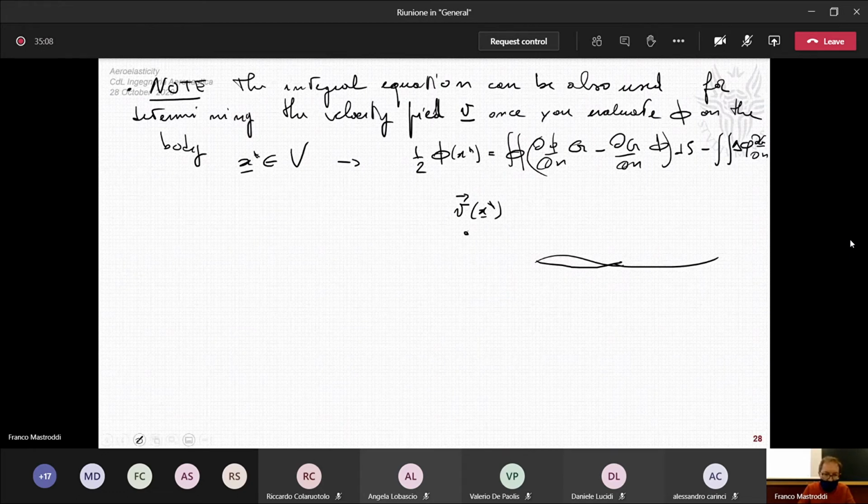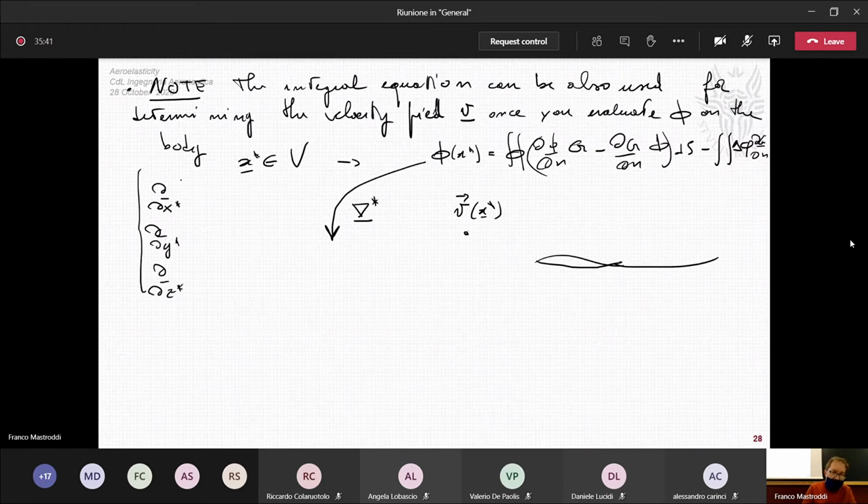Okay, so you don't have 1/2. If you take now the gradient of this quantity, but attention, I have to consider the gradient in the x star space. So the gradient star. Gradient star means take the partial derivative with respect to x star, take the partial derivative with respect to y star, and take the partial derivative with respect to zeta star in Cartesian coordinate. This is the gradient star.